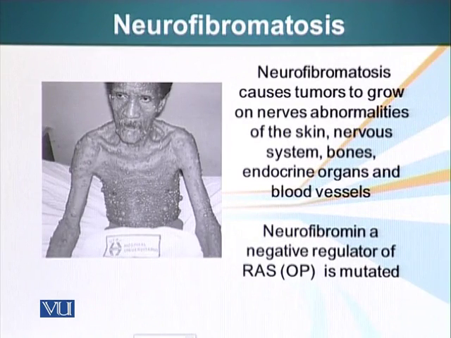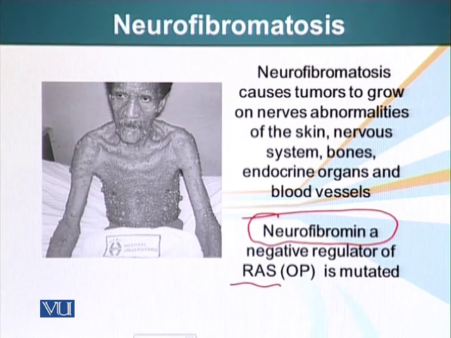Another case we discussed was neurofibromatosis. I hope you remember it from your genetics lecture. At that time, I also mentioned that this is due to mutation in a protein called neurofibromin. This is a negative regulator of RAS. Now we know what RAS does. RAS needs another protein to tell it to shut off.